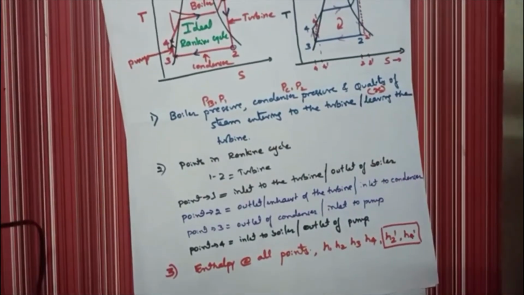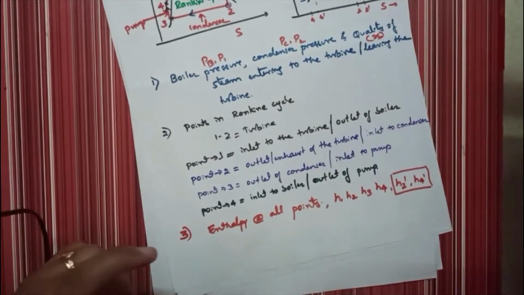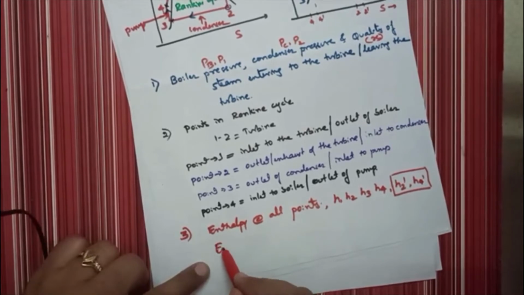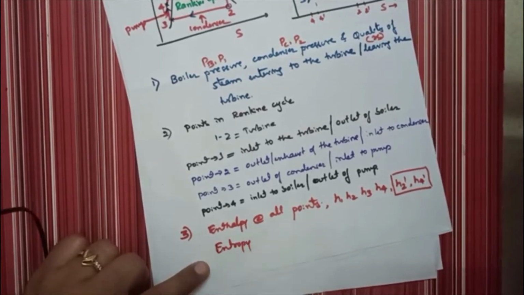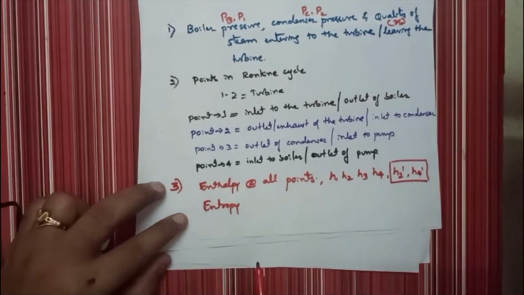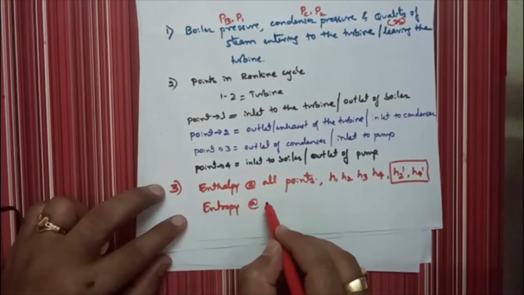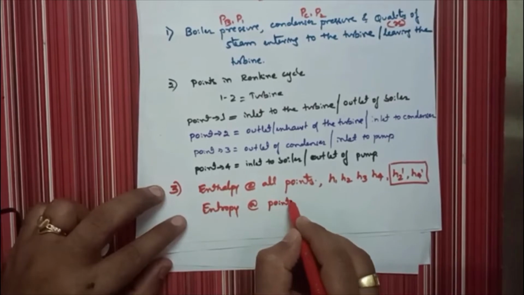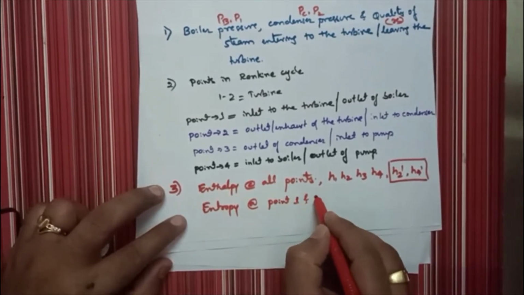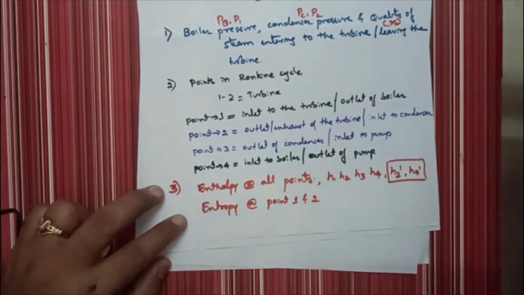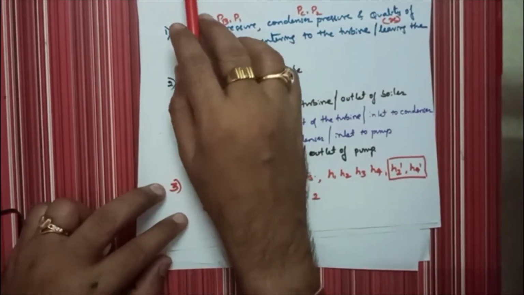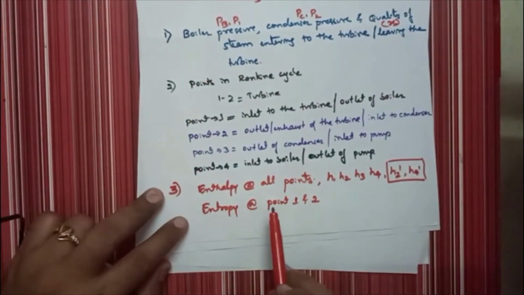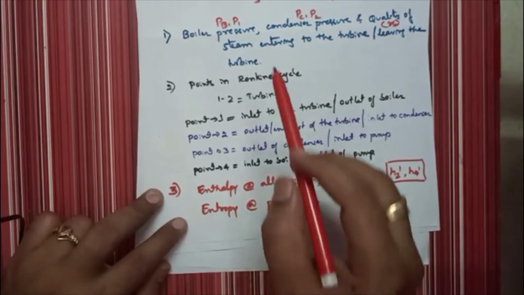Similarly, you calculate entropy at point number 1 and 2. We don't need entropy at point 3 and point 4. And dear students, don't memorize only the points 1 and 2. Remember the component.